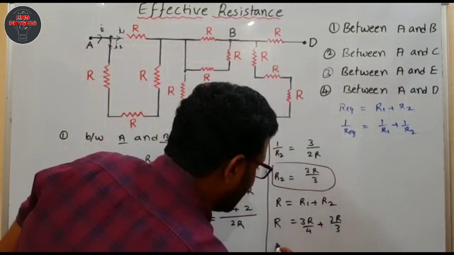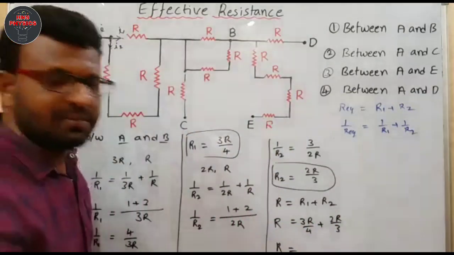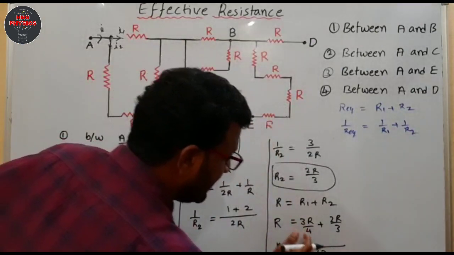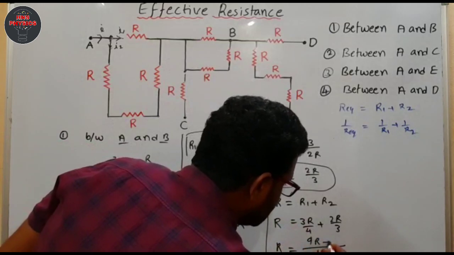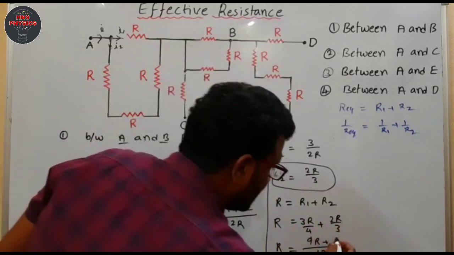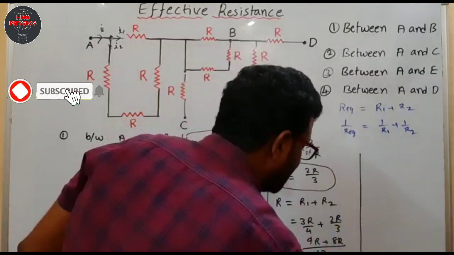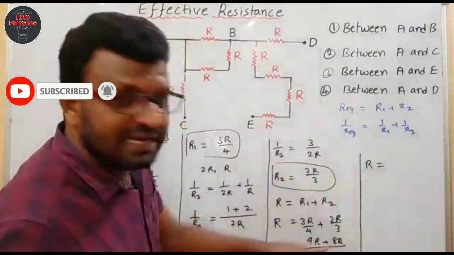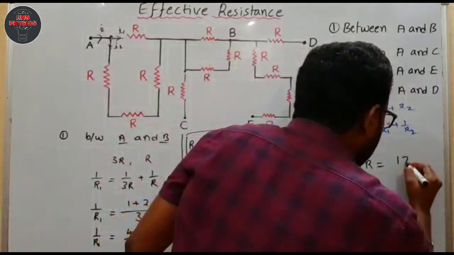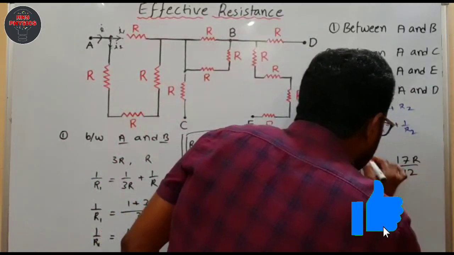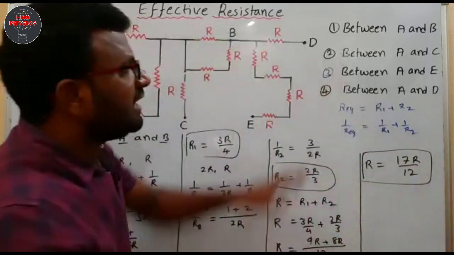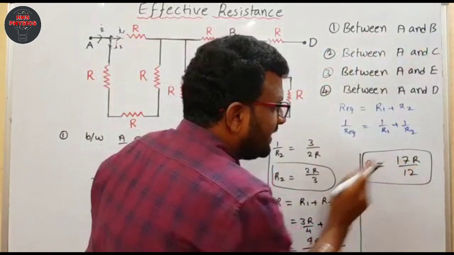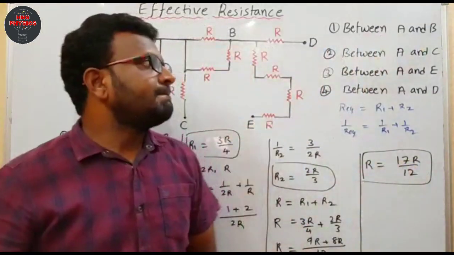Taking the LCM, 12: 4 threes are 12, 3 threes are 9, so 9R, plus 3 fours are 12, 4 twos are 8, so 8R. Then R equals 9R plus 8R, 17R, so 17R by 12. So the effective resistance between A and B is 17R by 12.